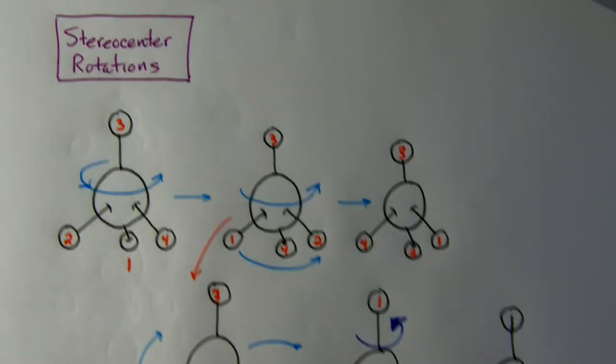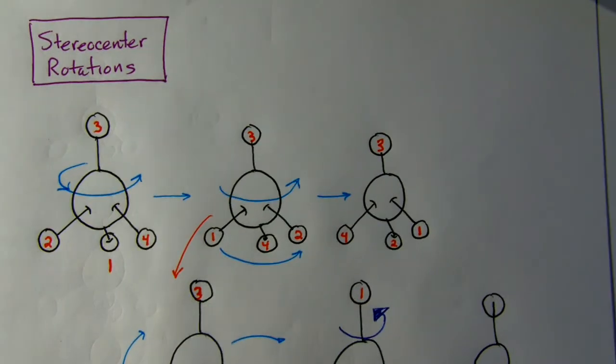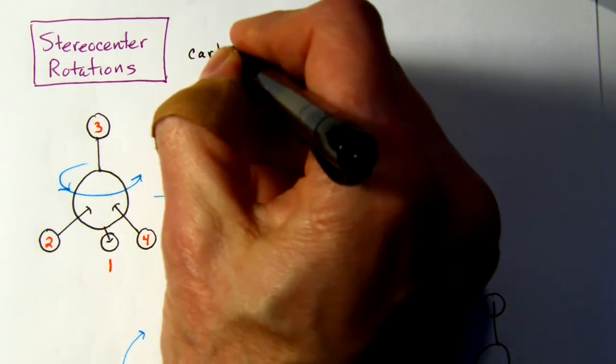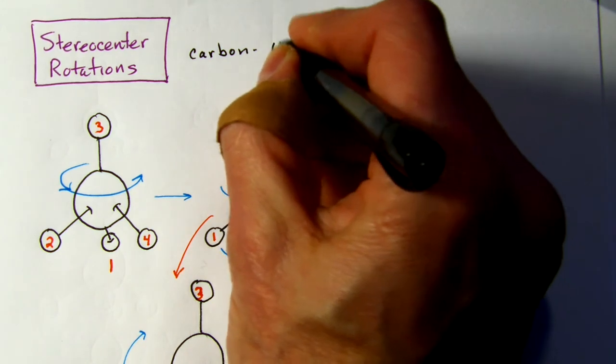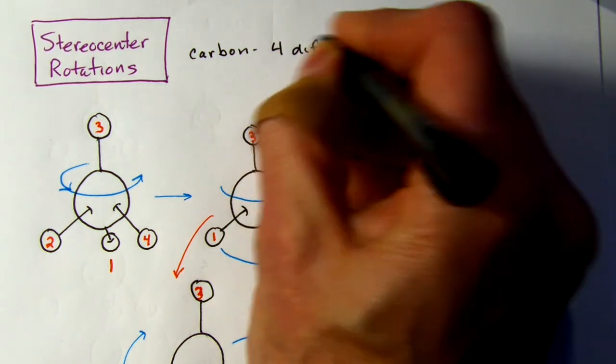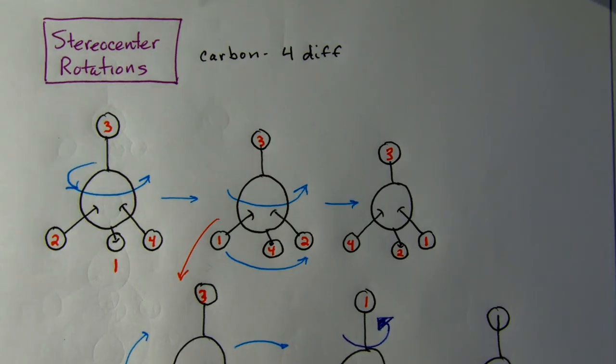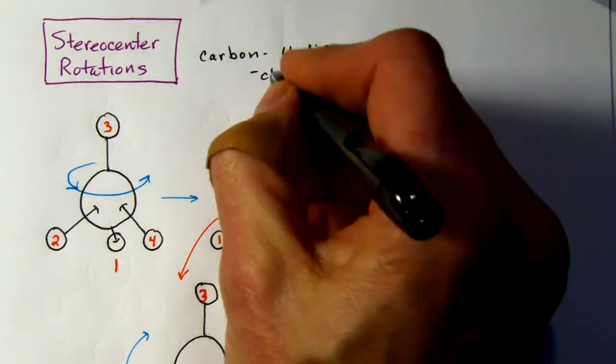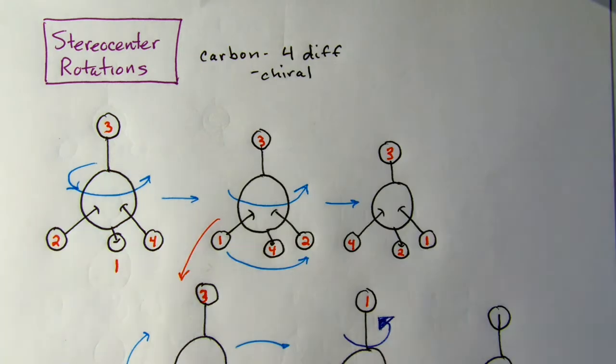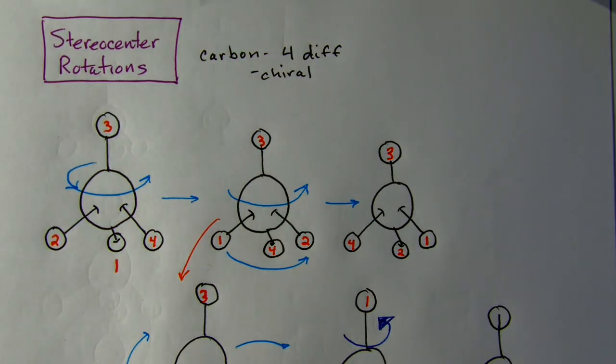Let's go back to make sure that we have it. The stereocenter really is about the idea that a carbon has 4 different substituents, or 4 things attached to it, and because of that, it has what is called a chiral arrangement, that it has a handedness, so there is a direction associated with it.